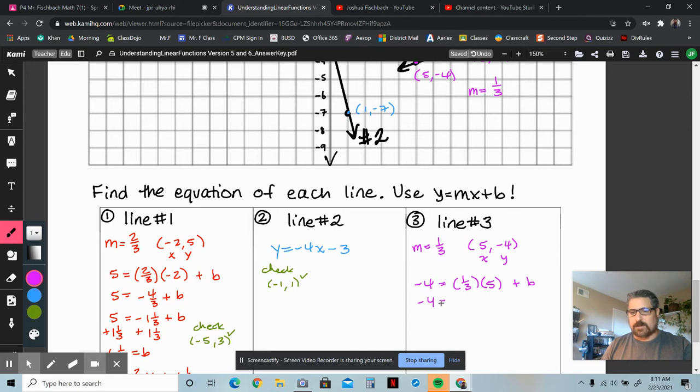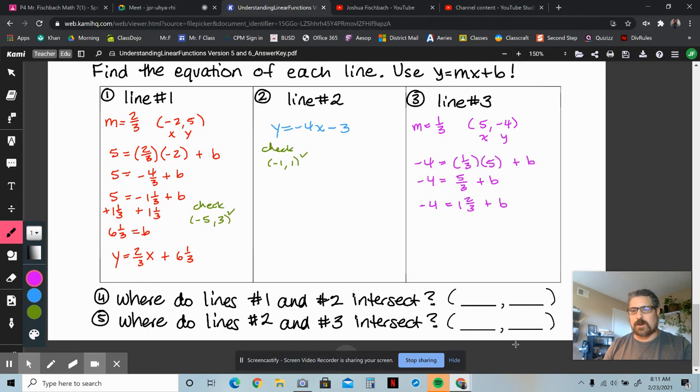So negative 4 is equal to 5/3 plus b. That's negative 4 is equal to 1 2/3 plus b. And then when you subtract 1 2/3 from both sides to solve for b, you're going to get negative 5 2/3 is equal to b.